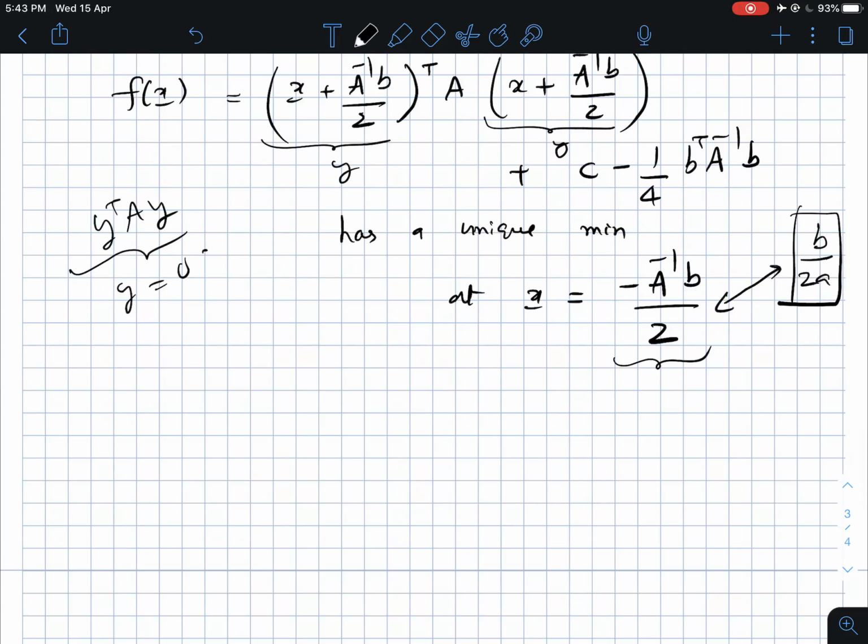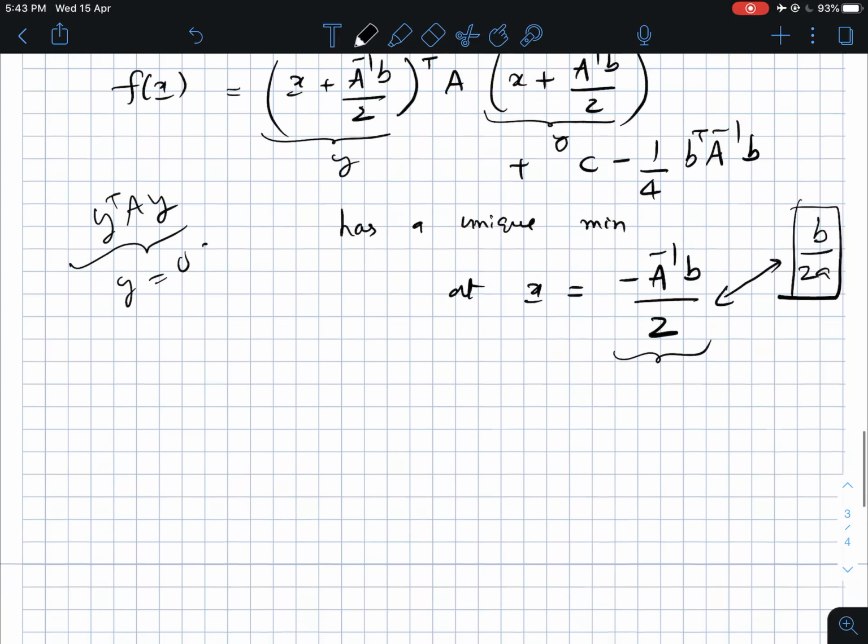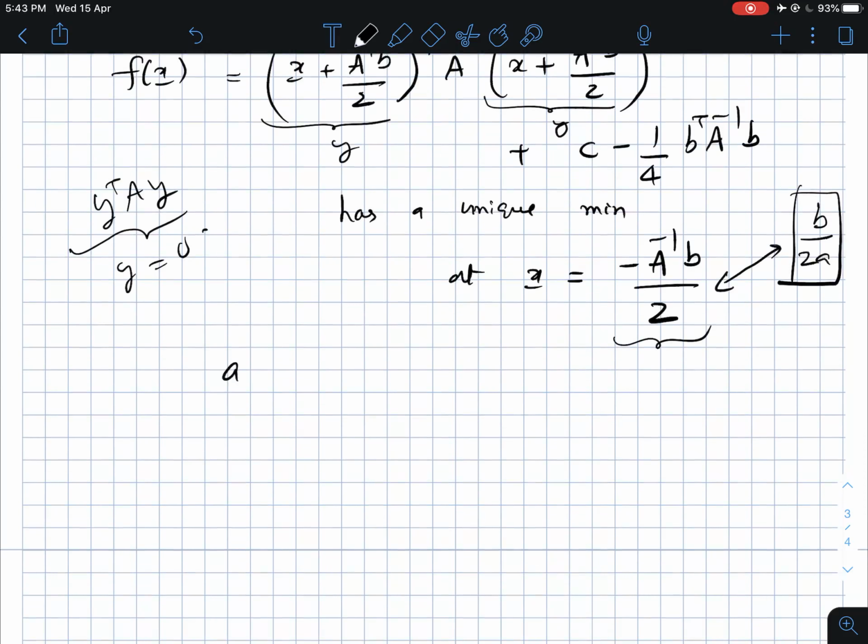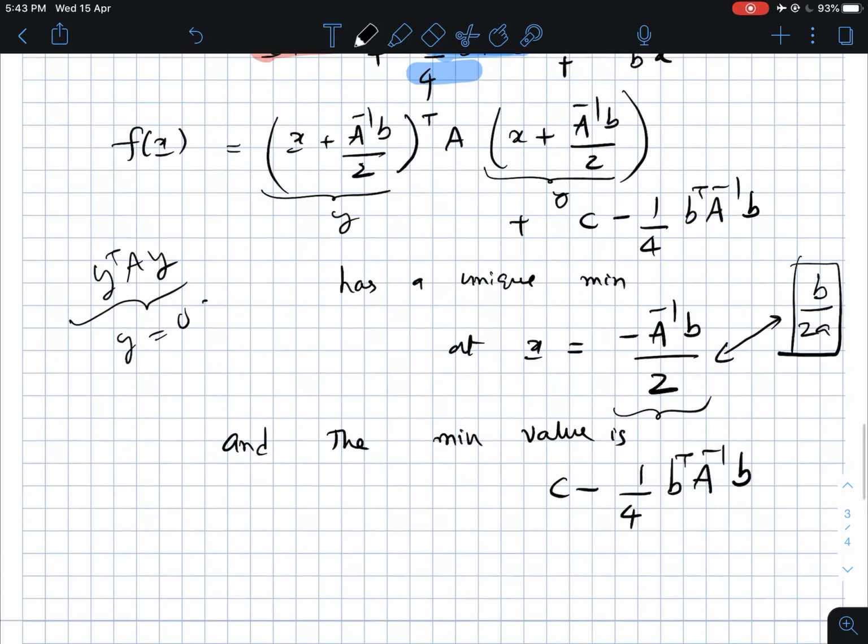It's exactly the same, just A inverse B by 2 in higher dimension. And the minimum value is C minus 1 over 4 B transpose A inverse B. When you make x equal to this, then this whole term becomes 0 and this is the minimum value.